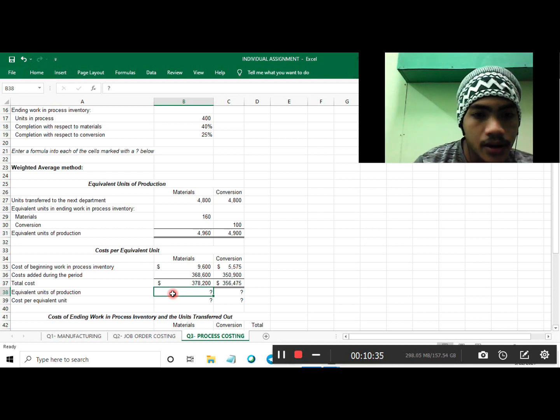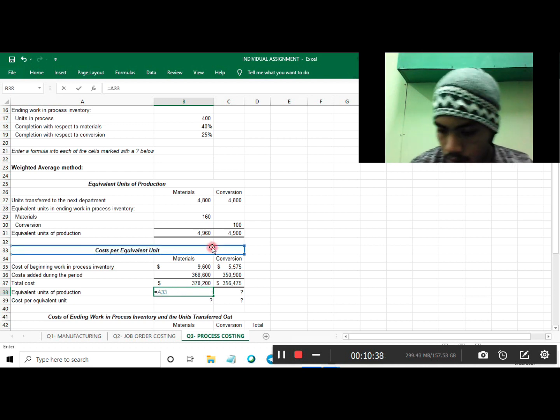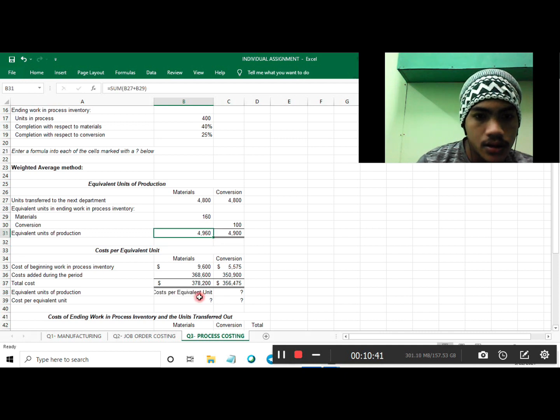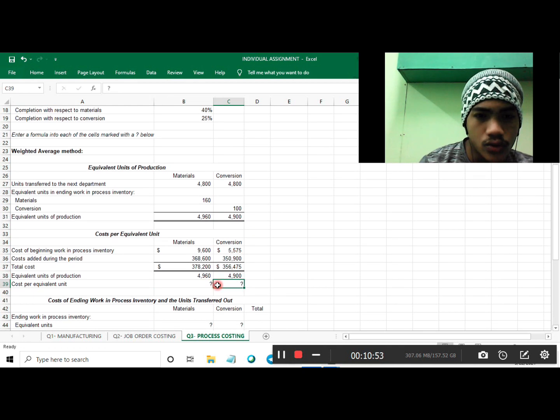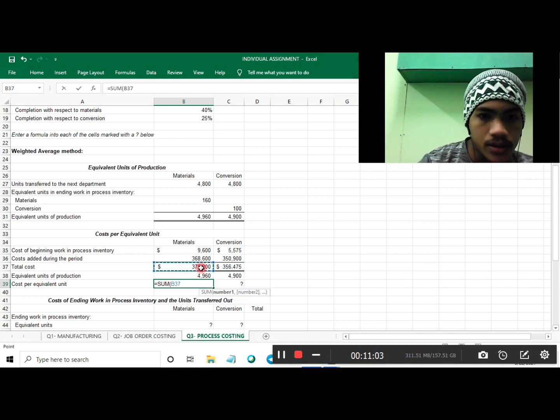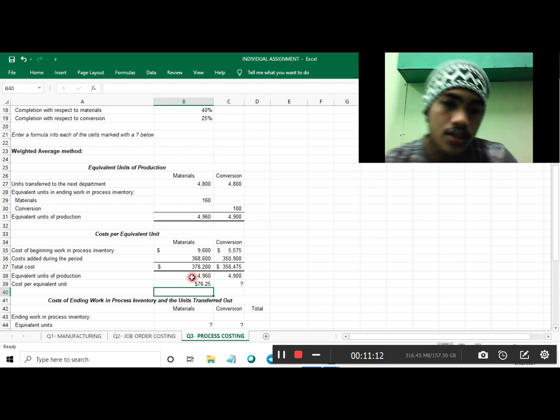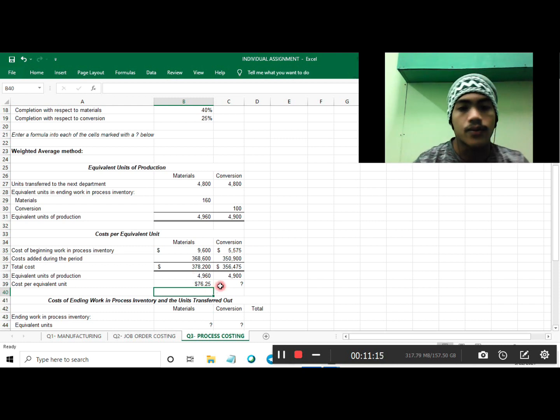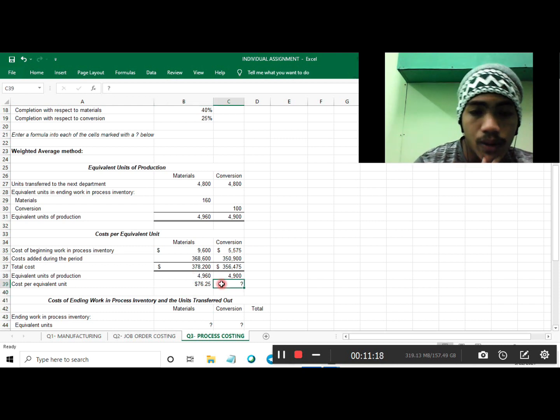Before this we found the figures, we just take from this, for material and then for conversion, and then we need to divide. Total cost, using the formula sum, total cost for material divided by equivalent unit of production, and we get 76 ringgit 25 cents.